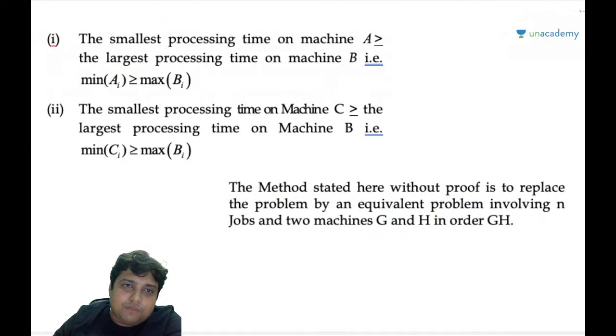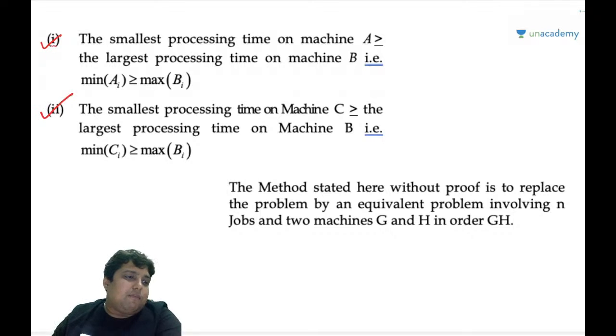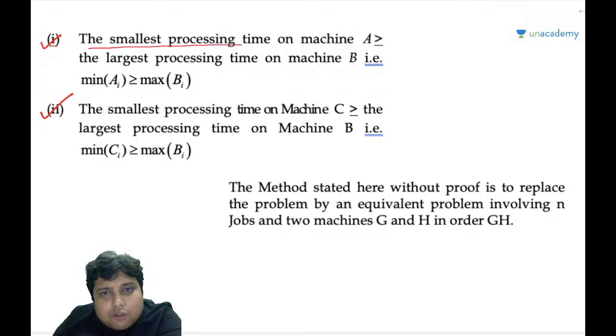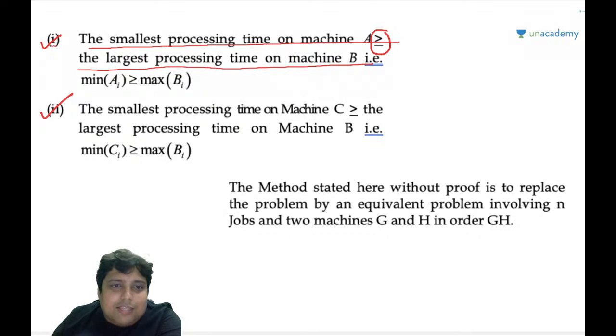Let me proceed. So, what are the two conditions? These are the two conditions mentioned here. Condition number one says the smallest processing time on machine A should be greater than or equal to the largest processing time on machine B. That is, minimum of Ai should be greater than or equal to maximum of Bi.